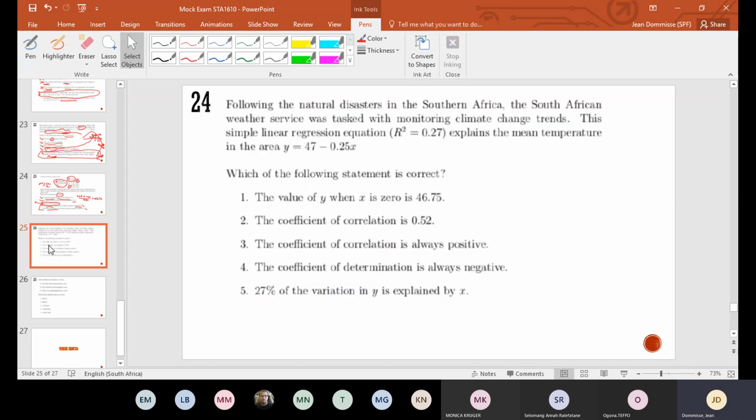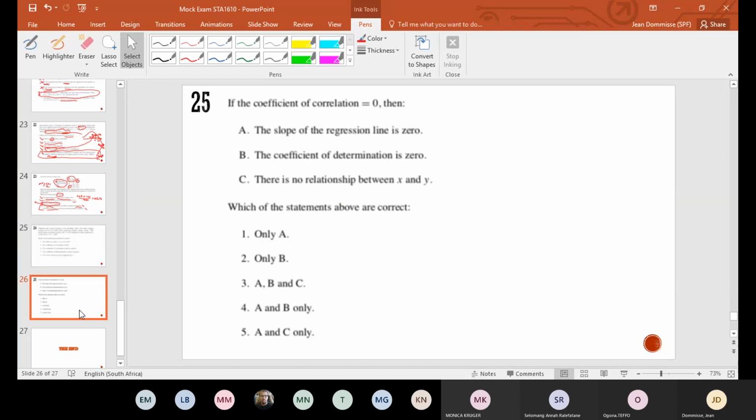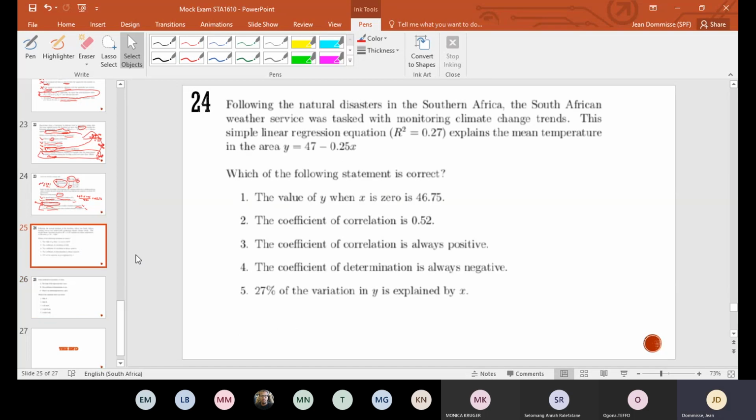Okay, so now we have 2 more to go. Let's see if this is an interesting one, because normally I would have used data and put it in a calculator, and it doesn't seem like it. Following the natural disasters in Southern Africa, the South African Weather Services was tasked with monitoring climate change trends.